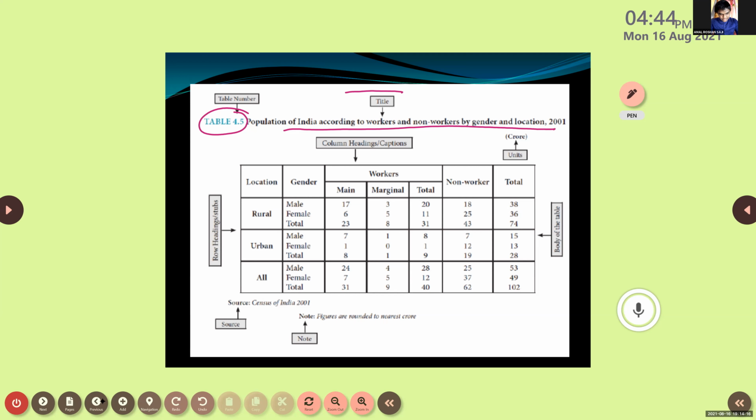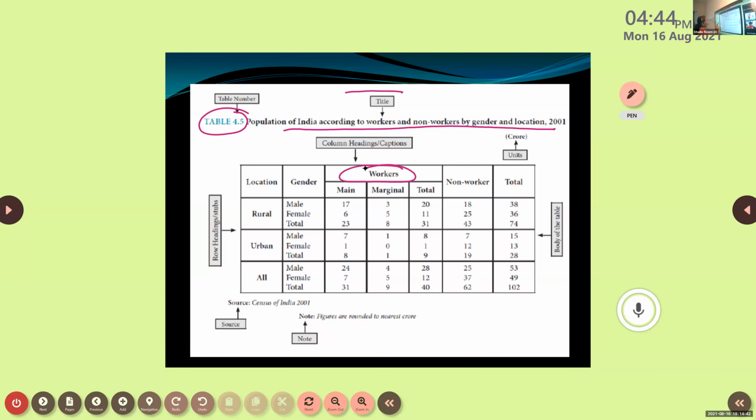So here the column headings are given. Under workers, you can see main workers and marginal workers. By seeing that, it is understood who comes under main workers, how many numbers are in that, and how many are in the marginal column. Like that, we can easily recognize it.